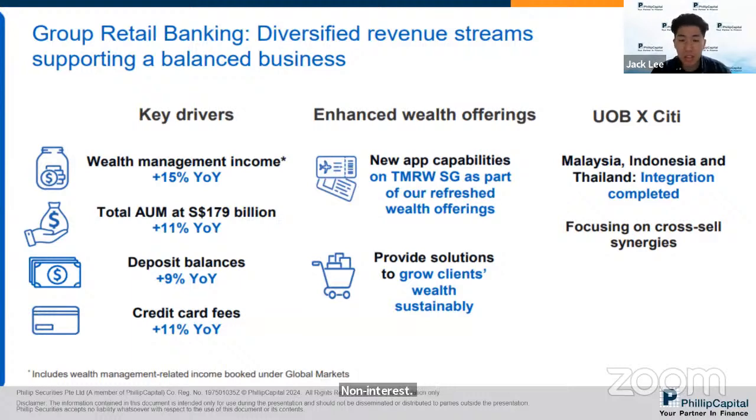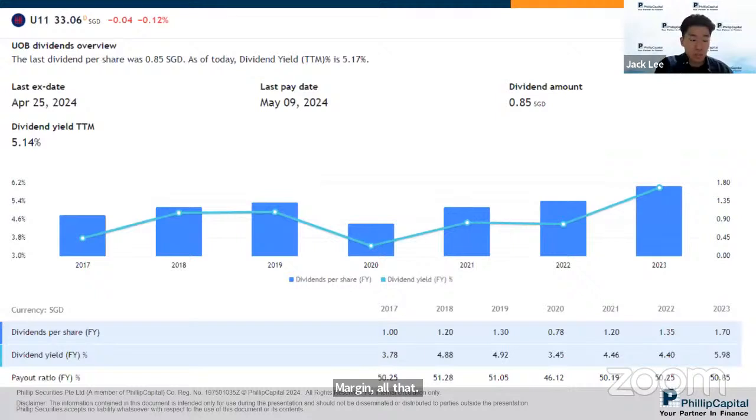Okay, so maybe we can look into the dividend. UOB also says they will maintain their payout ratio below 50%. So compared with DBS, UOB is also not that good in terms of payout ratio.